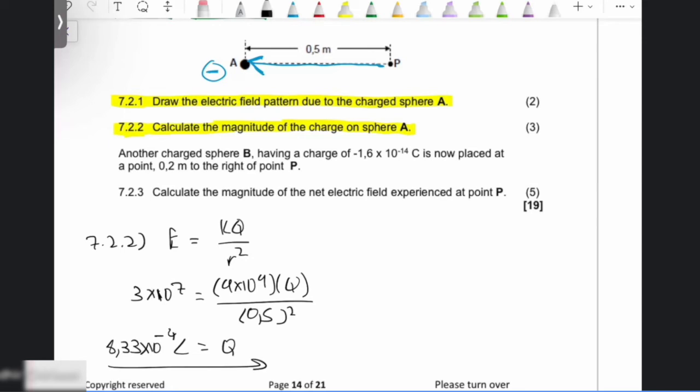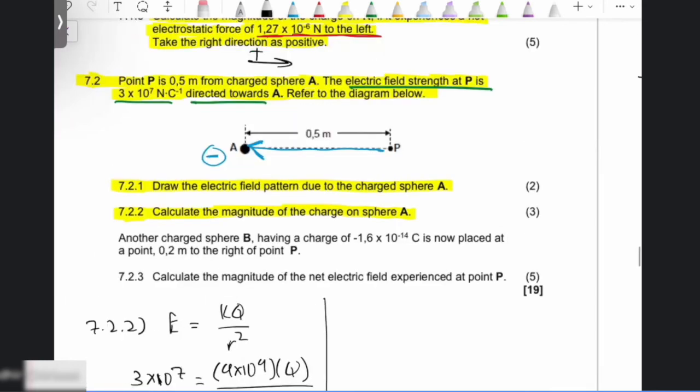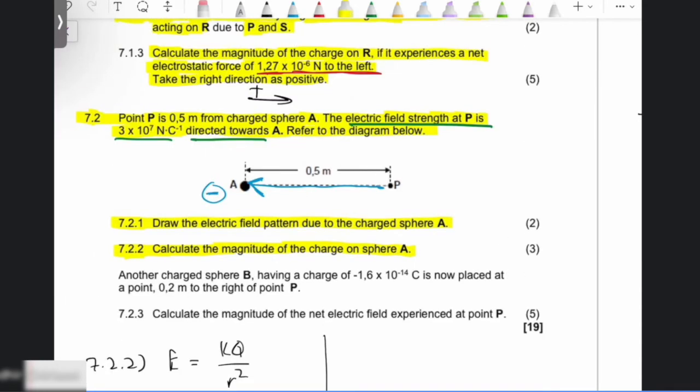I've done 0.5 squared, and then take that answer and divide by 9 times 10 to the 9. Yeah, perfect. 8.33 times 10 to the minus 4. Done.